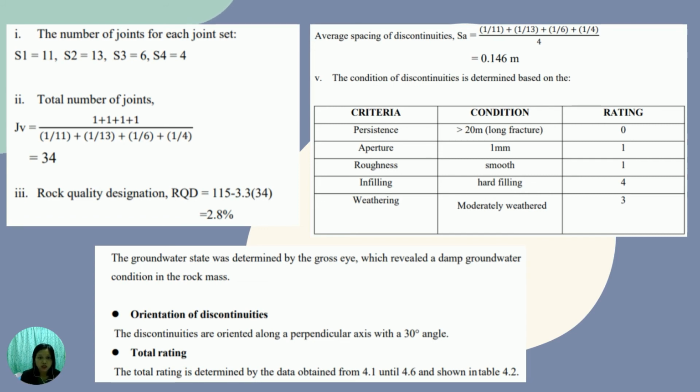So the orientation of these discontinuities is that they are oriented along a perpendicular axis with a 30-degree angle, and the total rating is based on the table.